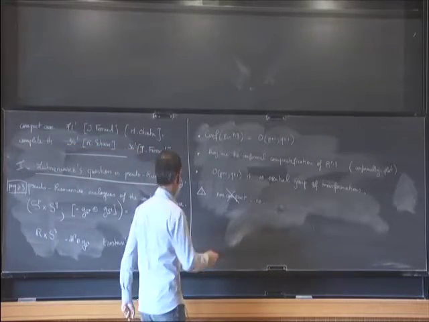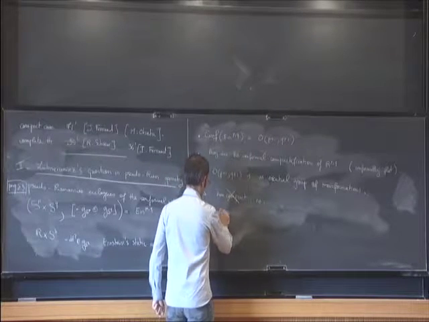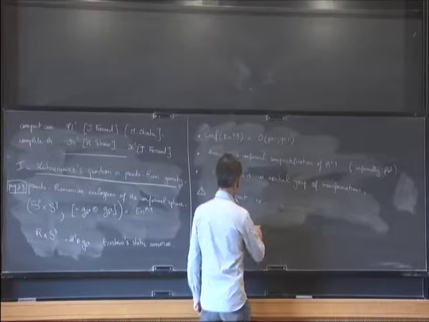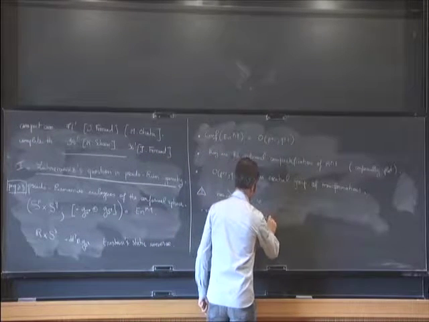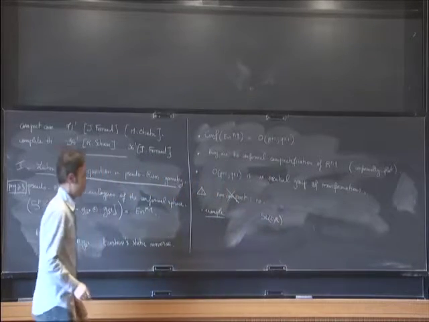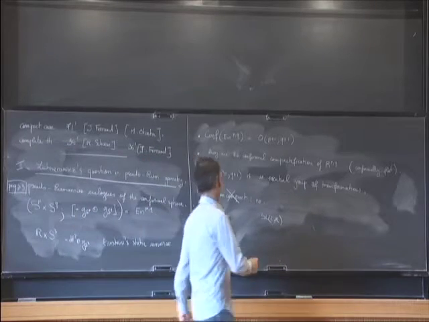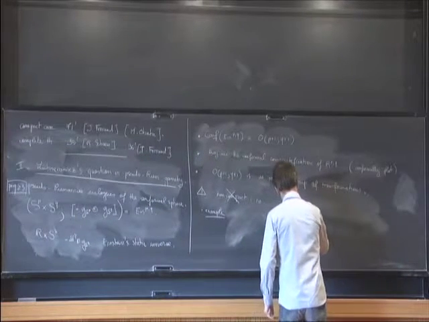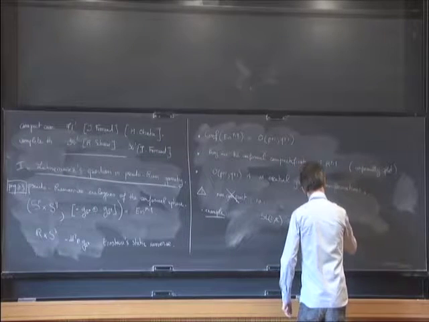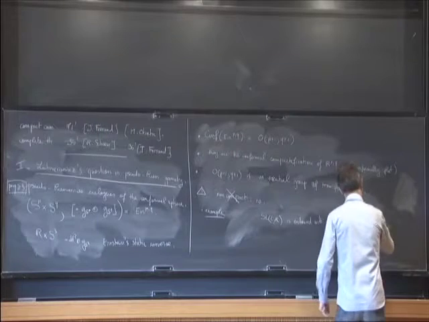So I make just an example, which is interesting. The example is the Lie group SL2R. It's a Lorentzian manifold. Actually, it is endowed with a bi-invariant Lorentz metric.